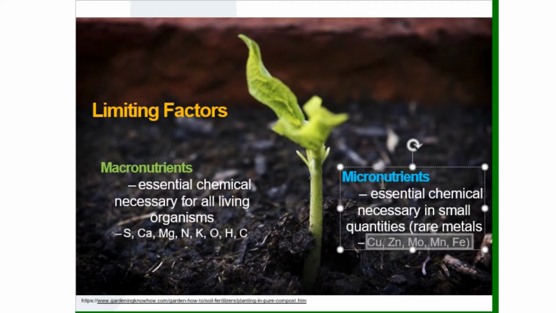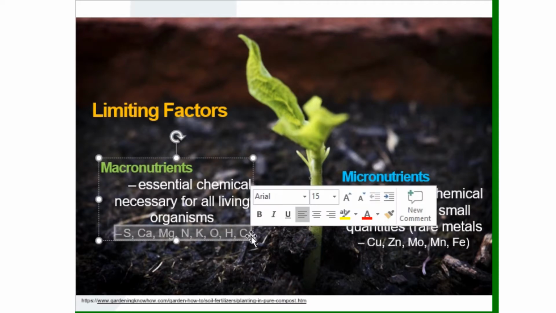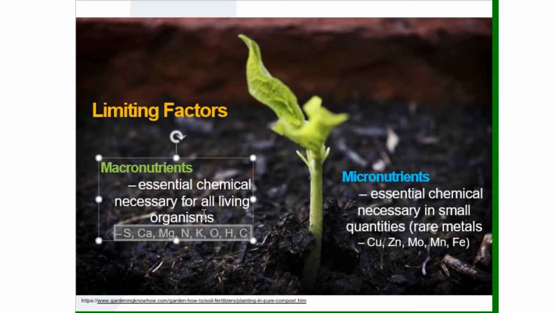Now, what are the examples of macronutrients and micronutrients? We have sulfur, calcium, magnesium, nitrogen, potassium, oxygen, hydrogen, and carbon. These nutrients are needed in a large amount by plants for their growth and development.